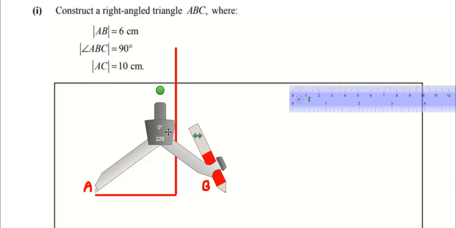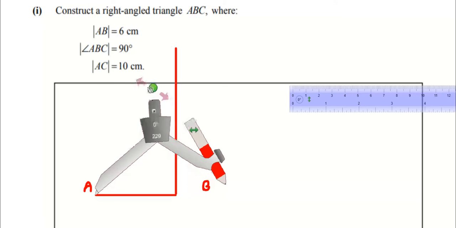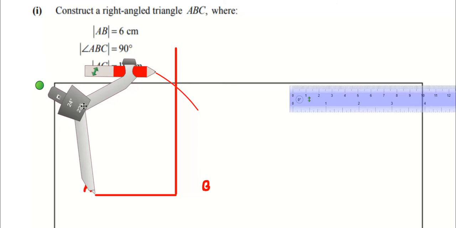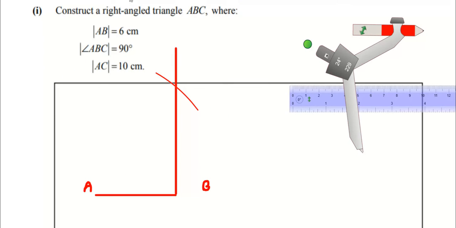Now I start off at A. I make an arc like so, and see where it hits the line. That means that's C. Oh, no, the length of AC has to be 10. So, AC is 10, AB is 6, and this is 90 degrees.